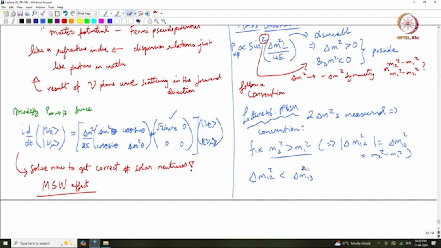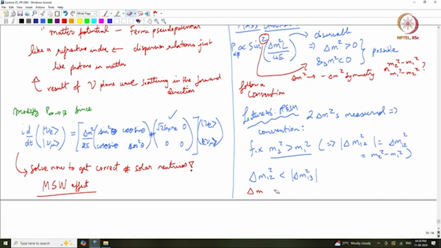Now the sign of this is not yet determined. So I am going to put this under an absolute value. Alright. I am sorry, I think I wrote this the other way around.